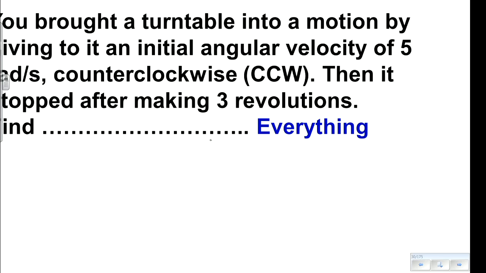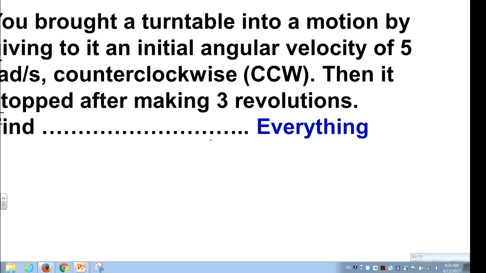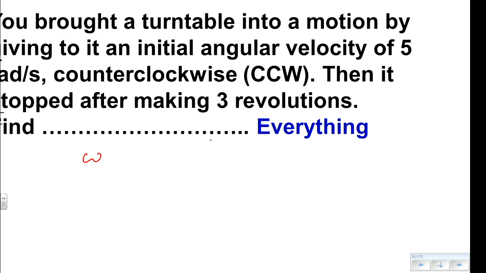Now let's calculate something. For example, what can we calculate? So we had initial velocity equal to 5 radians per second. And we know final is 0. Now, 3 revolutions. What physical quantity is that?